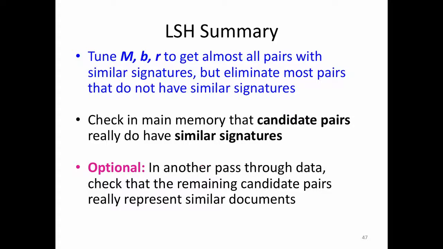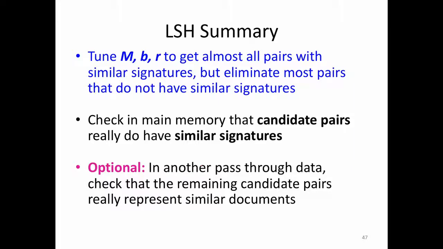Like we mentioned, if you choose b to be too high, then you are not eliminating enough pairs, so you are getting many pairs. If you choose b to be too low, you may not be getting enough pairs.